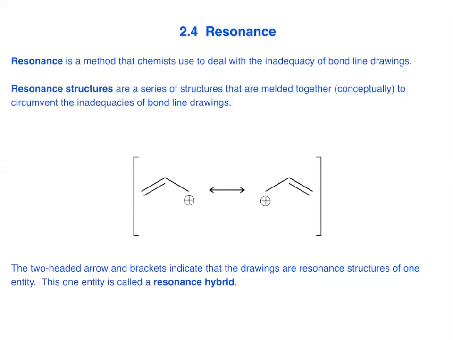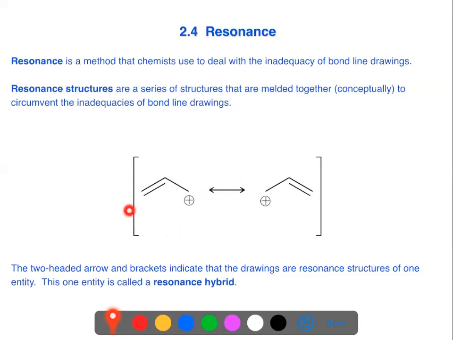of bond line drawings. So you can see in this particular example, we have a 3-carbon system, carbocation located at one of those positions, and a pi bond between the other 2 carbons. Now we can redraw this particular intermediate as shown. And in actuality, this system is coexisting between these 2 forms, these 2 bond line structures.